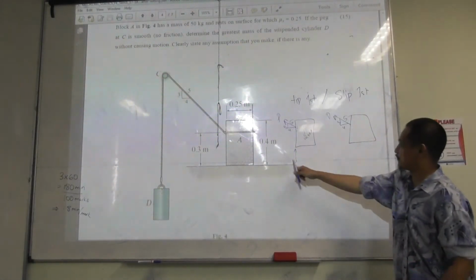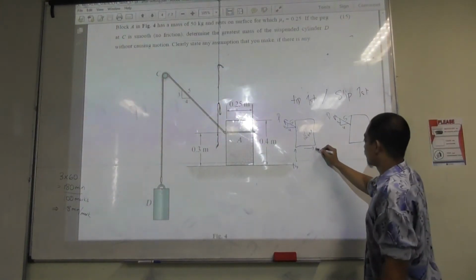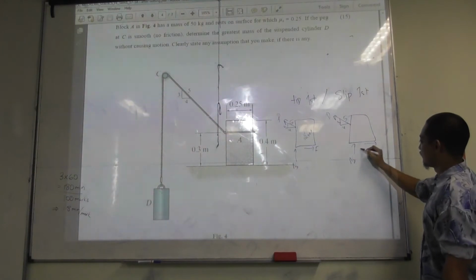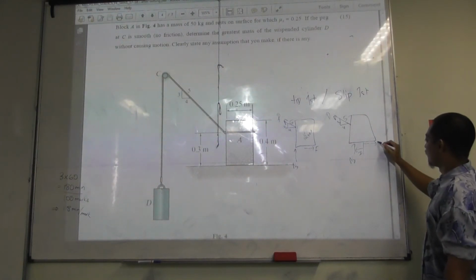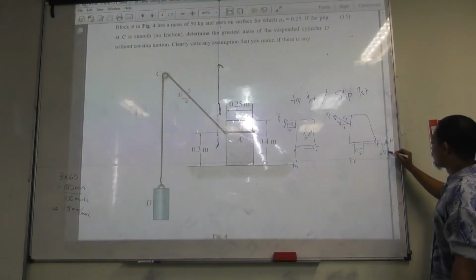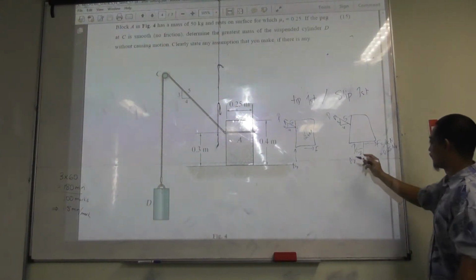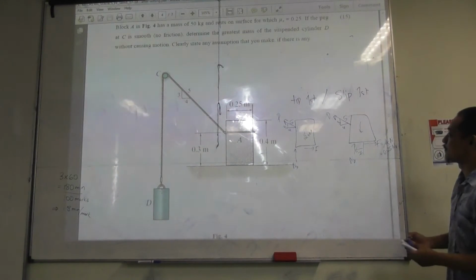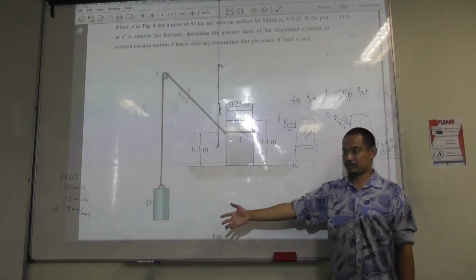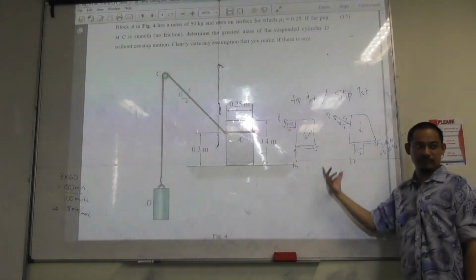Then friction. Okay, in this case, N is here, X is here, F equals mu s N, which is 0.25 times N, and the weight there, right? So I assume from here you know what to do, right? Do I need to show everything?